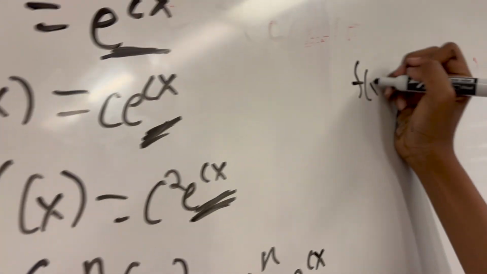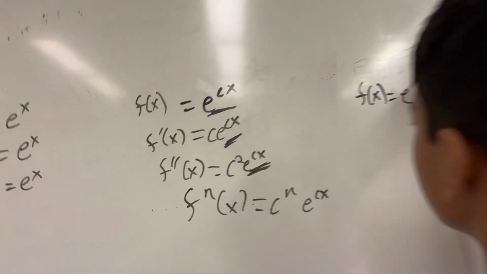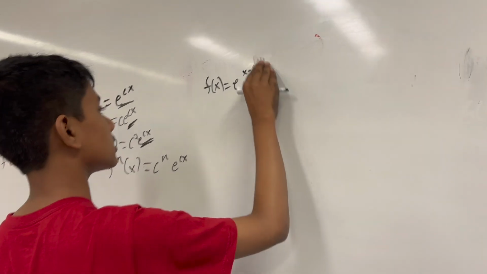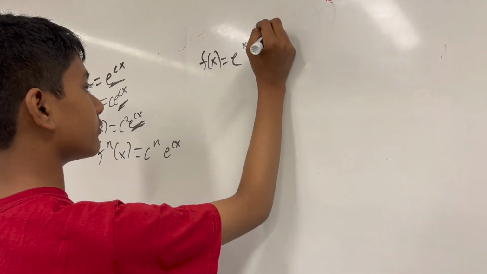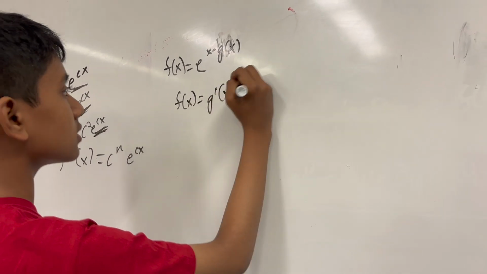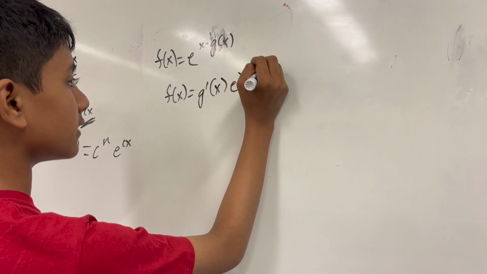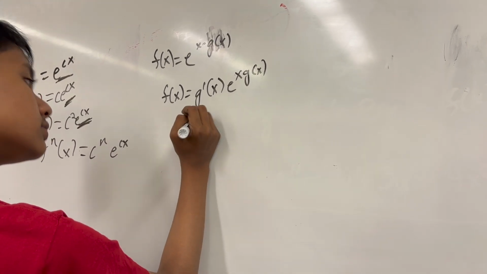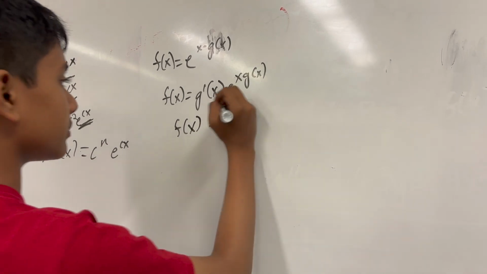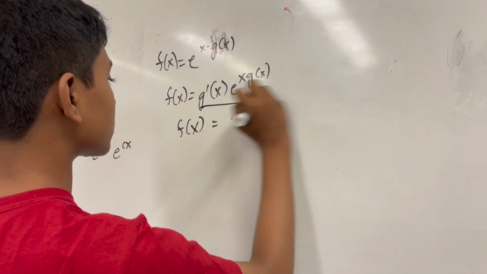However, this does not hold true when you're doing e to the x times some function, because after one derivative, then you have g prime of x, e to the x, g of x. And then once you take the derivative again, you are met with something nasty, a product rule.